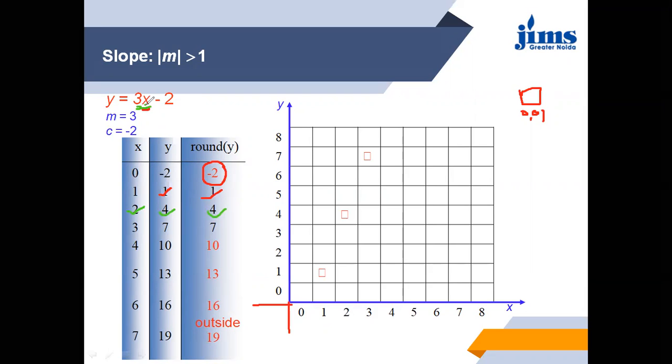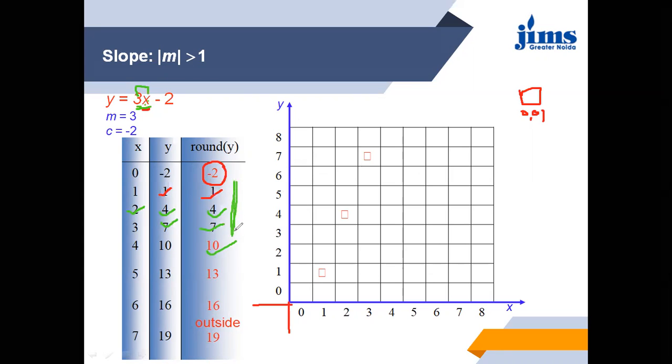Again, when the value of x is 3, 3 multiplied by 3 is 9, 9 minus 2 is 7, so this is 7. Again, when I am taking the value of x as 4, 4 multiplied by 3 is 12, 12 minus 2 is 10. Here I drew the coordinate system from 0 to 8 only, so I can draw only these three.